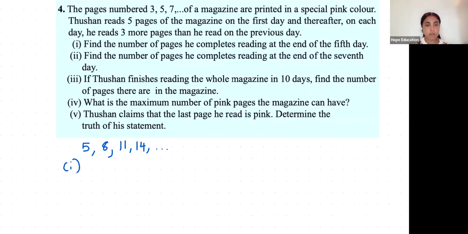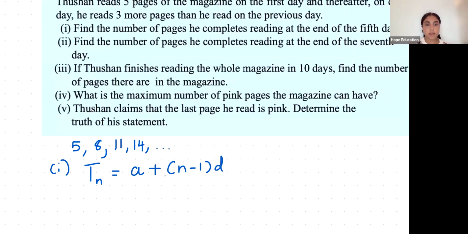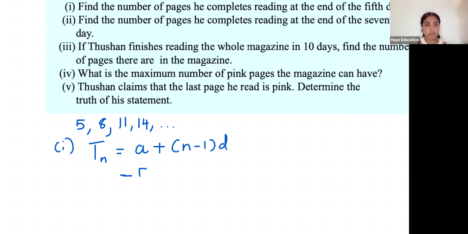Tn equals a plus n minus 1 d. Okay. So here the first term is 5. We want to find the 5th term, right? So T5 is what we want. A is 5, plus n means we want the 5th term, so 5 minus 1, difference is 3.